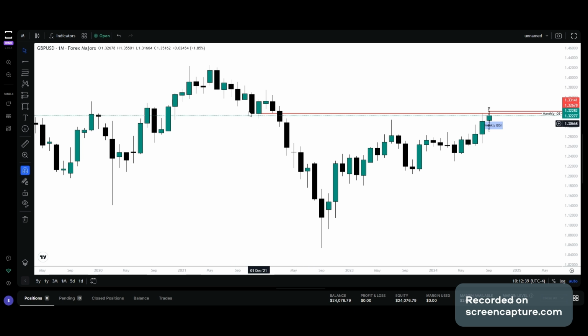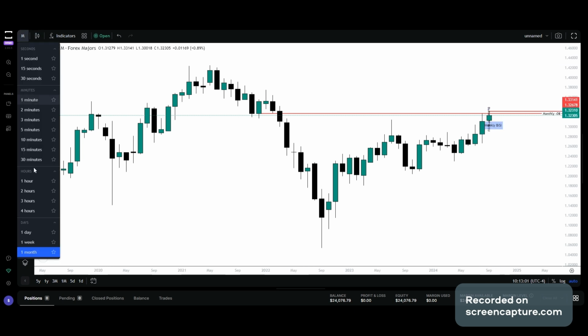So again, with hitting a higher time frame key level for time frame alignment purposes, or for the purpose of gauging whether or not price is actually going to reject this level and then continue to reject it further, I'd have to see a daily sell side, a daily market structure shift.